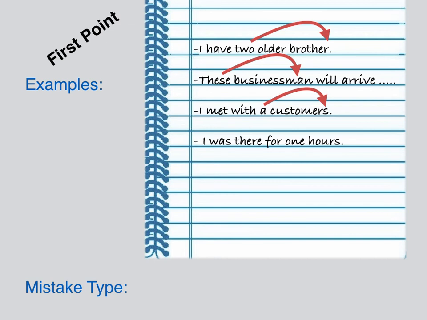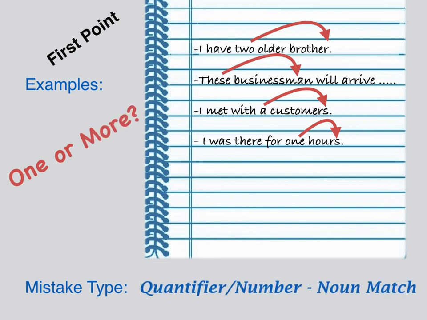And the next one too, one cannot be ours. So we need to always check if we are writing about one or more things. The number must match with the thing we are talking about, the noun, every time.